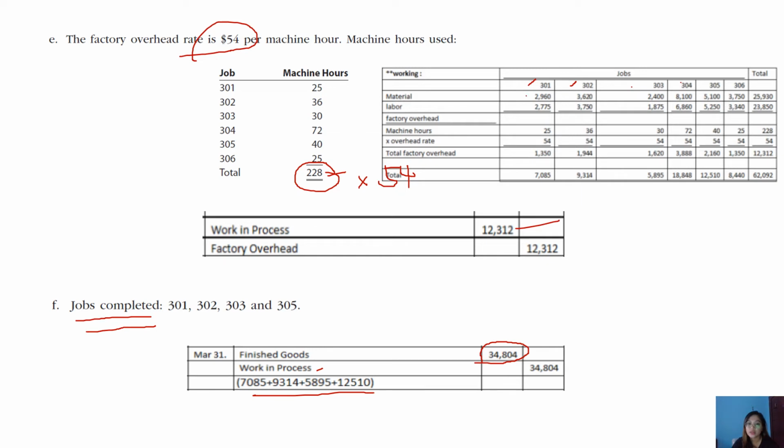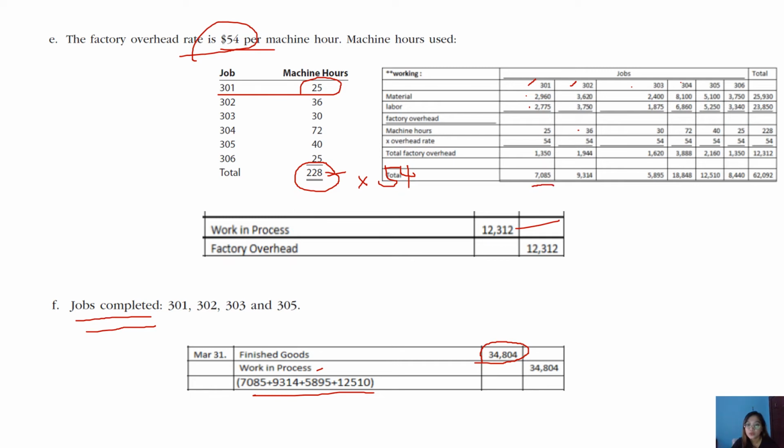Their respective materials, labor, and then already computed their machine hours, which is for the job 301, we have 25 times 54, and then for 302, 36 times 54. So we get a total of 7,085 for job 301.